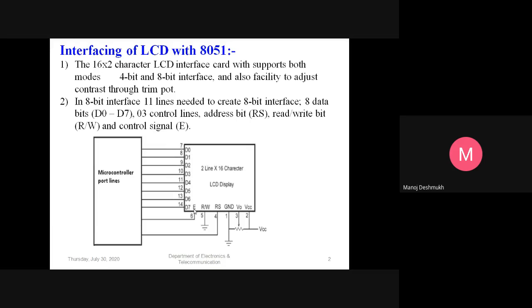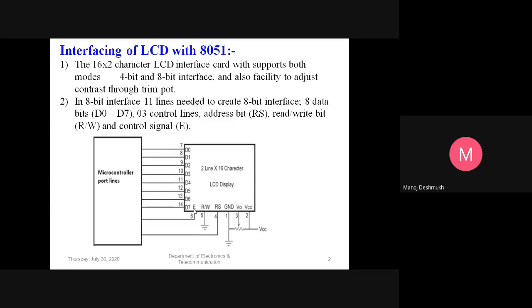So EN or E should be 1, or at least one pulse, that is a high to low pulse, needs to be given to the enable pin, that is pin number 6. After pin number 6, the remaining 8 pins, that is 7 to 14, are data pins or data lines. Here we are discussing the transmission of data from the controller side to the LCD, that is D0 to D7.